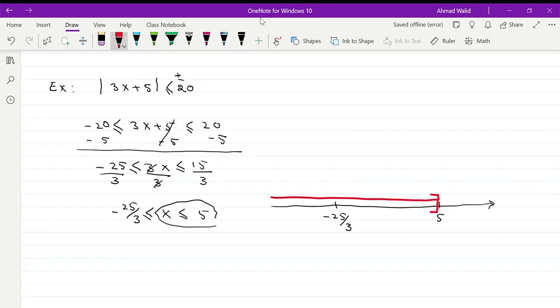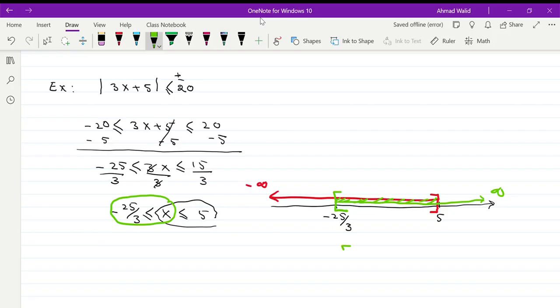To the left, to negative infinity. Now read this part. X greater than or equal to negative 25 over 3, bracket, moving to the right, to where? To infinity. Overlap or intersection, this part that I'm shading.